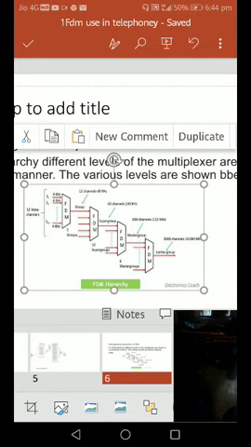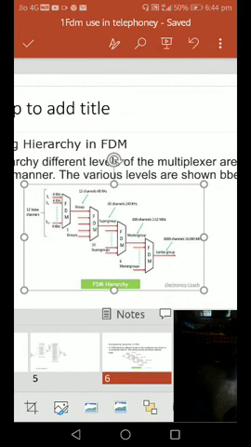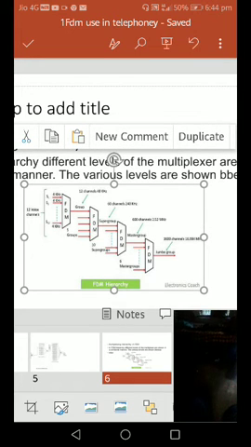That output of the 240 kHz super group is multiplexed with 6 super groups, that is equal to previously 60 into 6, 600 channels.